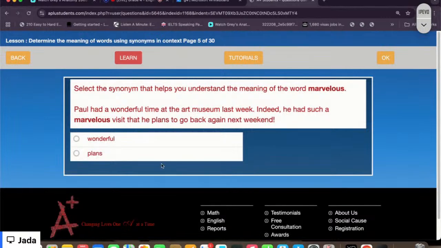So we have marvelous. Paul had a wonderful time at the art museum last week. Indeed, he had such a marvelous visit that he plans to go back again next weekend. Wonderful or plan? What do you think is the meaning of marvelous? So he had a marvelous visit.